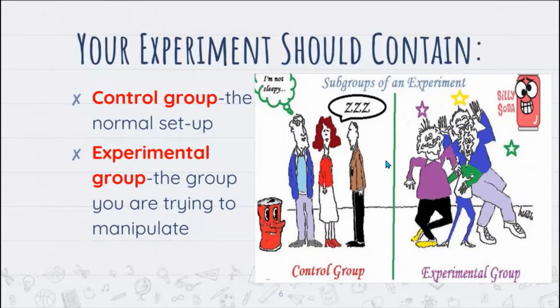The importance is we need to make sure that the experimental setup will be as comparable as possible with the control group. So meaning to say, the reason why we have two groups is for comparison purposes. We need to compare which one is effective, the typical setup or the normal setup, or the experimental setup that you're trying to manipulate.